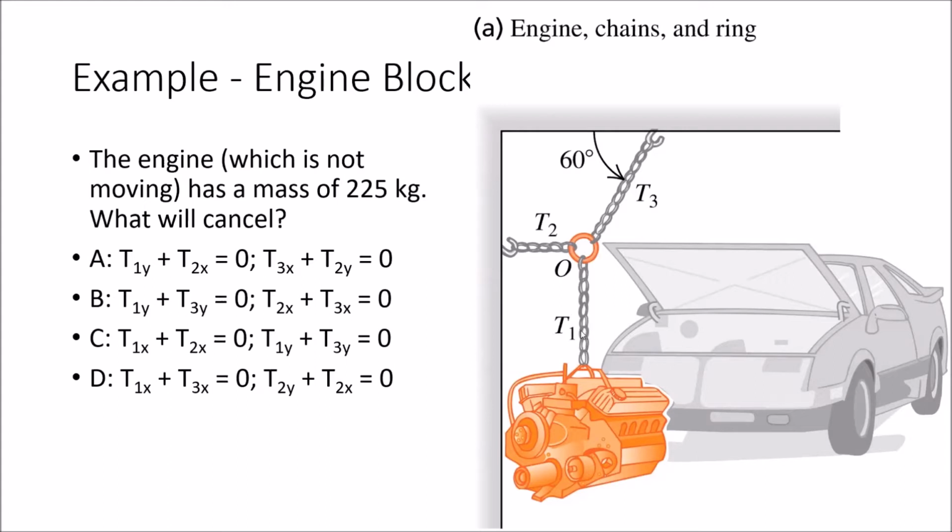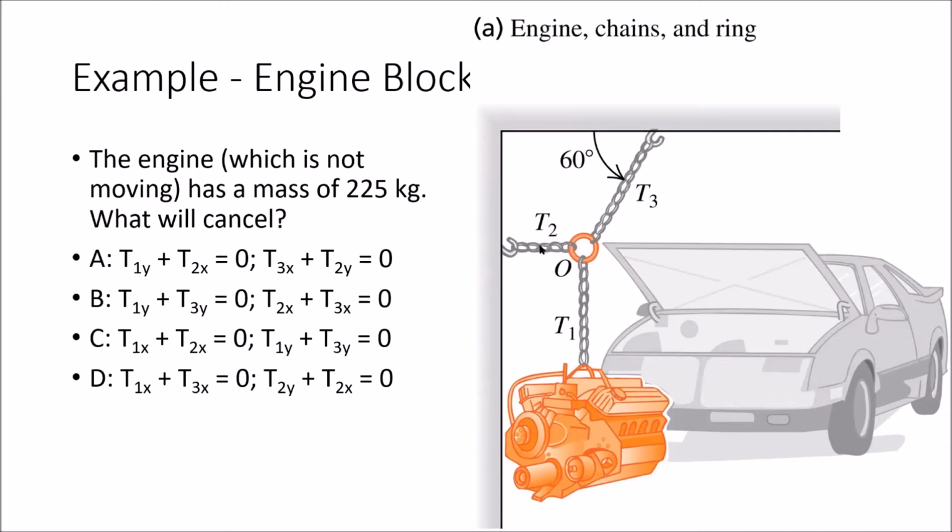So T1 will represent a downward force. The downward force from T1 should cancel out with the upward force from T3. T3 is going to have some up and some to the side, so it'll have some y and some x to it. So the downward force from T1 should equal the upward force from T3.